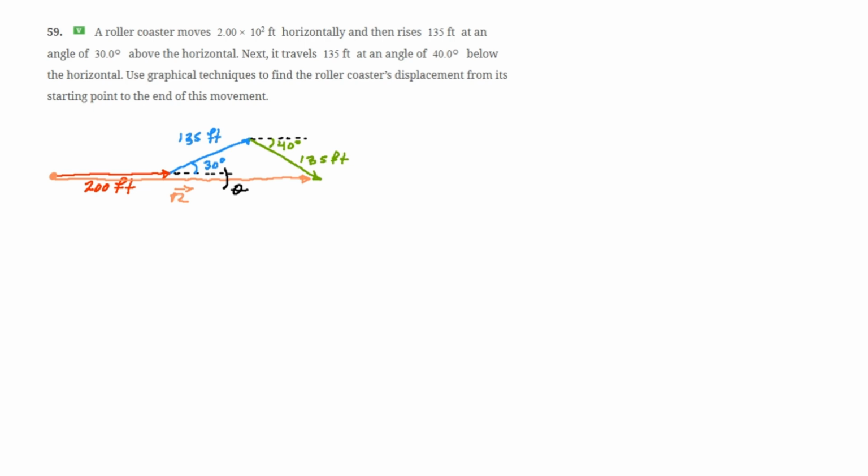Now, how can we do it analytically, right? What we can do analytically, I can say, okay, let me make a coordinate system here with x and y. And then let me represent my vector of 200 feet horizontal here. So this is my 200 feet vector. What else?